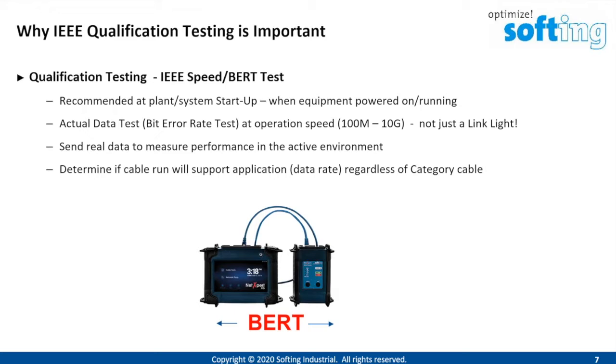10 megabits per second has been around a long time. Systems have progressed to 100 meg. There's more and more industrial systems running at 1 gig. 10 gig is not that far around the corner, right? So how do you know that your cabling can support those speeds, especially in high noise environments? Doing a qualification test, a bit error rate test, is a great way to prove that, and also an invaluable tool for troubleshooting.